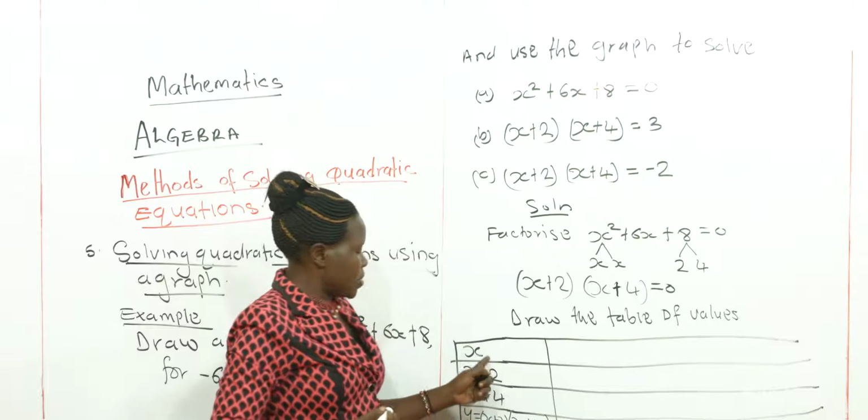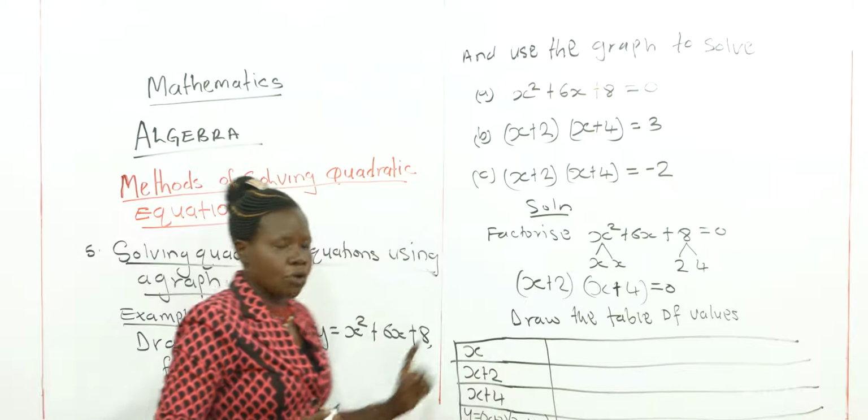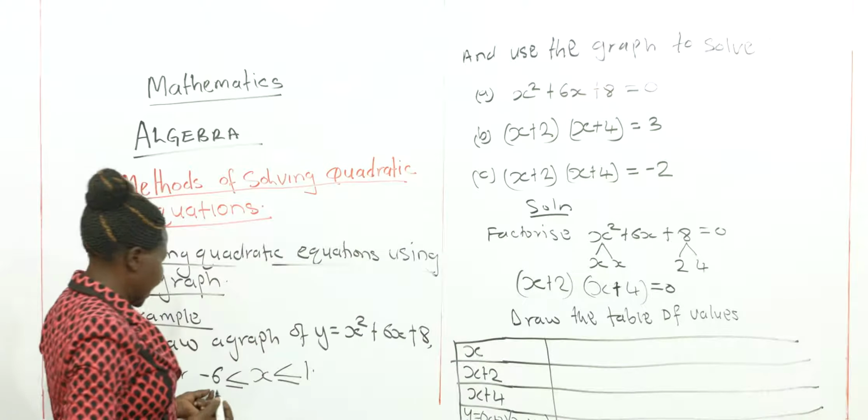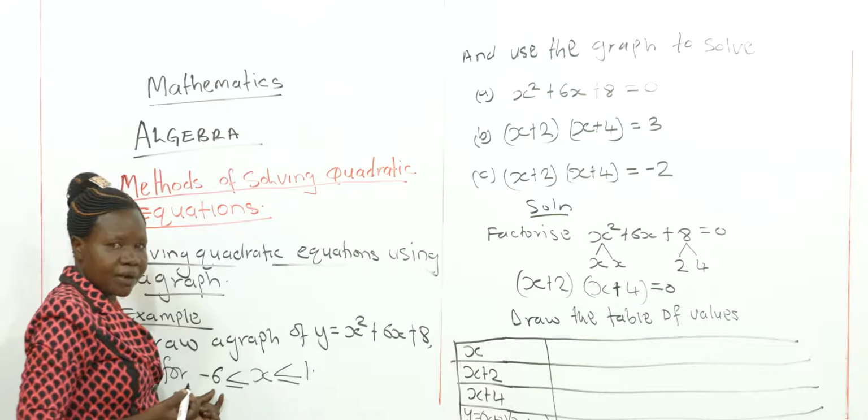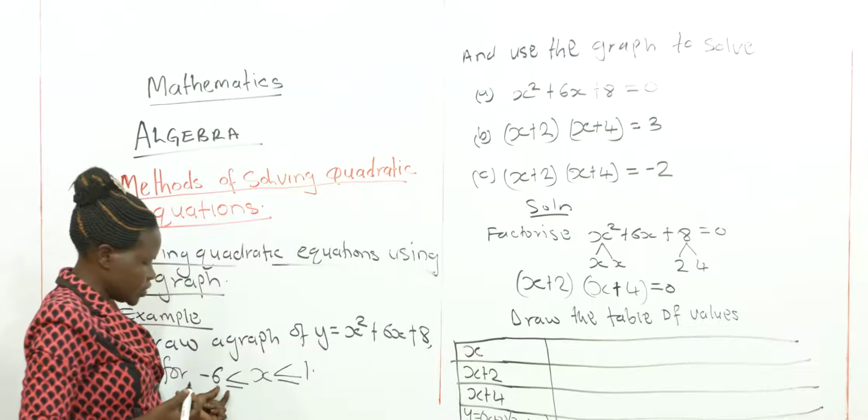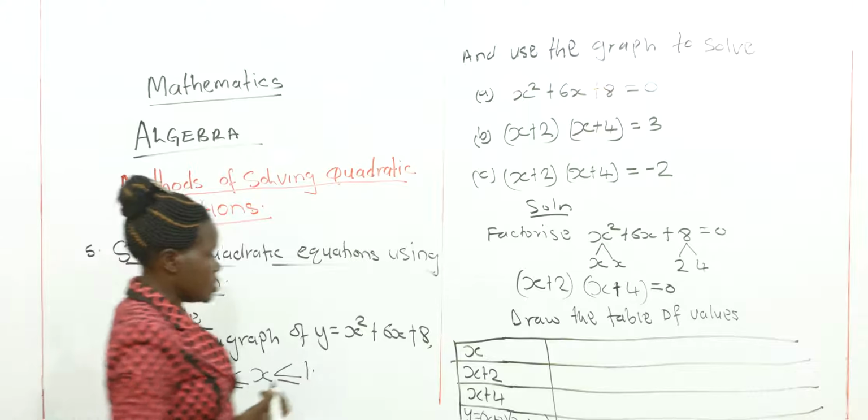So now from here, where do you get the values of x? The values of x are given from the inequalities here. We have negative 6 up to positive 1.